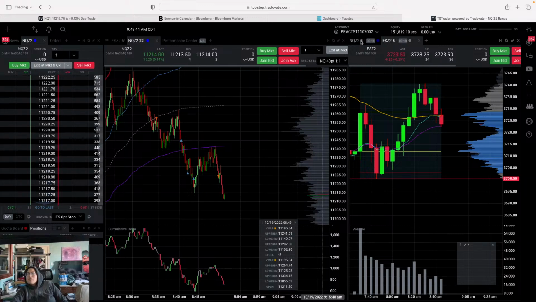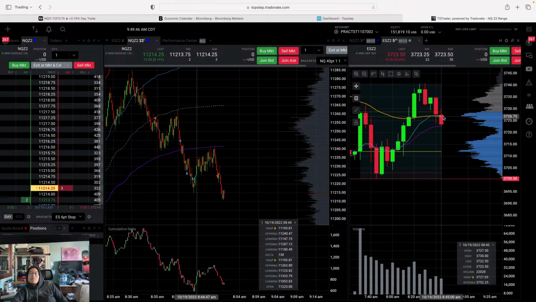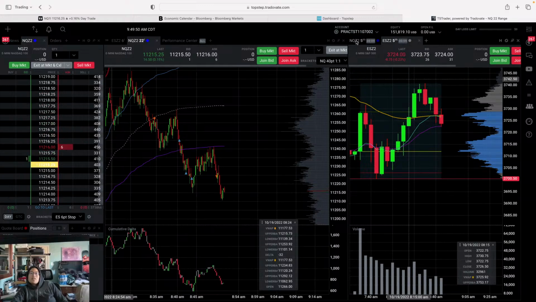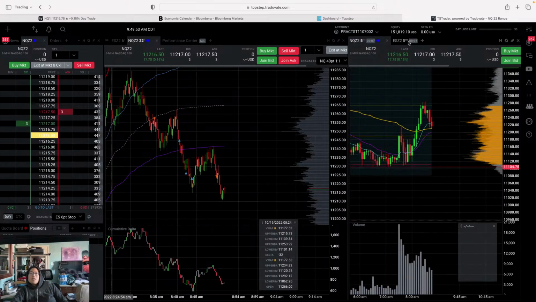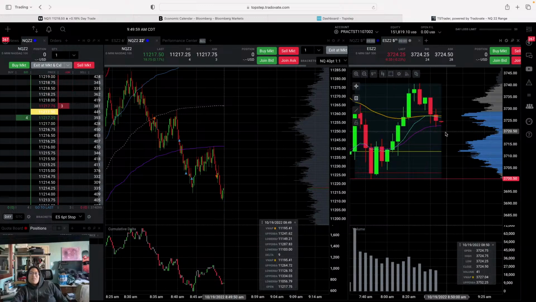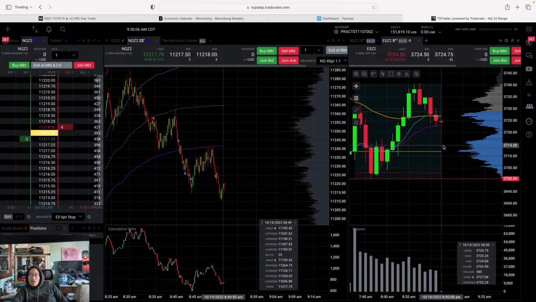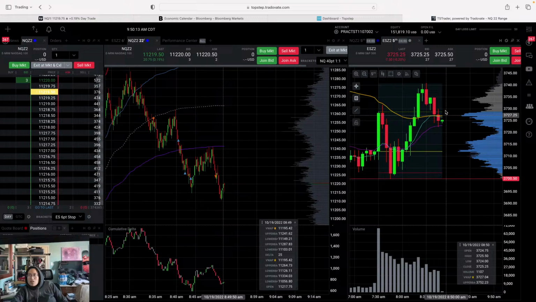Let's see a nice solid close here under VWAP. Kind of hitting a little resistance at this 20 here on ES. But hanging out at VWAP on NQ. Oh, it's bouncing a little bit. A little indecision sitting there, but we could keep going down until point of control, potentially.